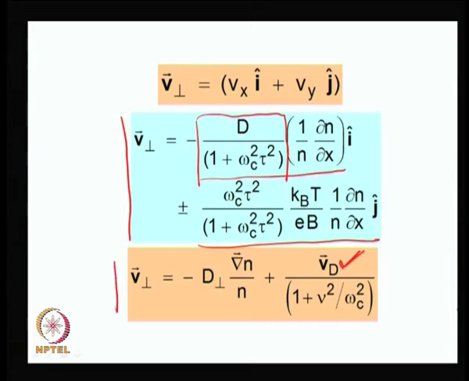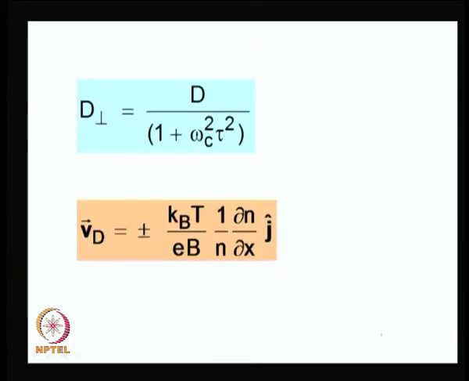It becomes minus D perp grad n upon n. Grad n is simply in the x direction, so del n upon del x can be written as grad n, plus another term Vd upon 1 plus nu square upon omega c square. This is what we have defined to write the second term in a simple expression.